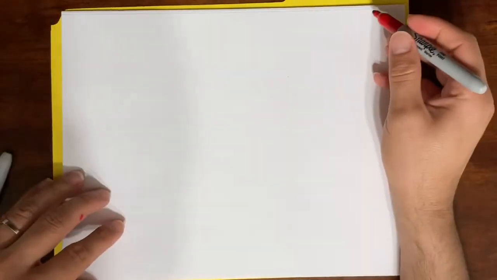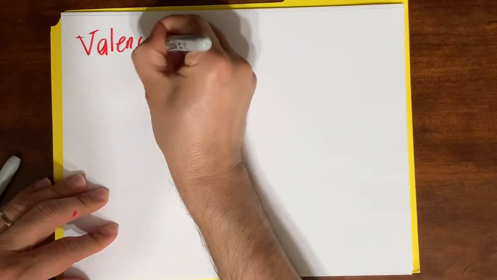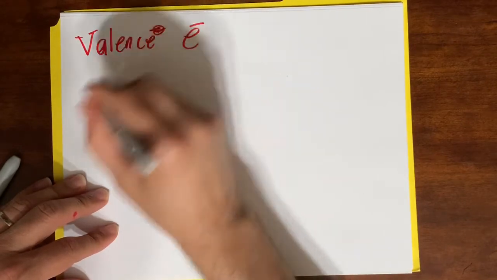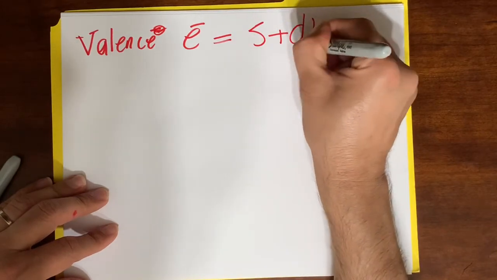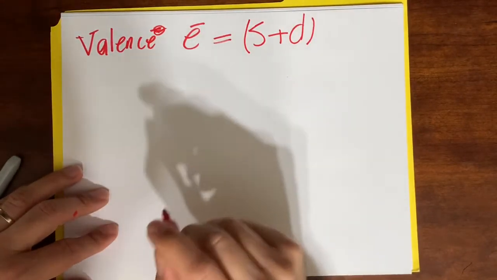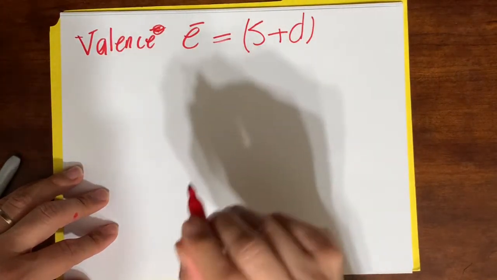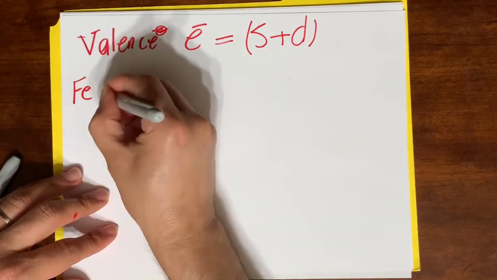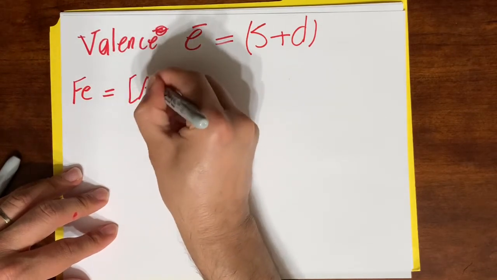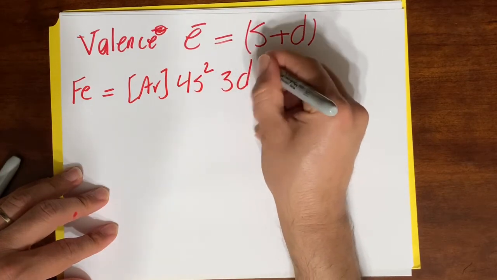When it comes to transition metals, if you want to find valence electrons, you go with S plus D, except when D is full. So for iron, we said argon, 4s2, 3d6.